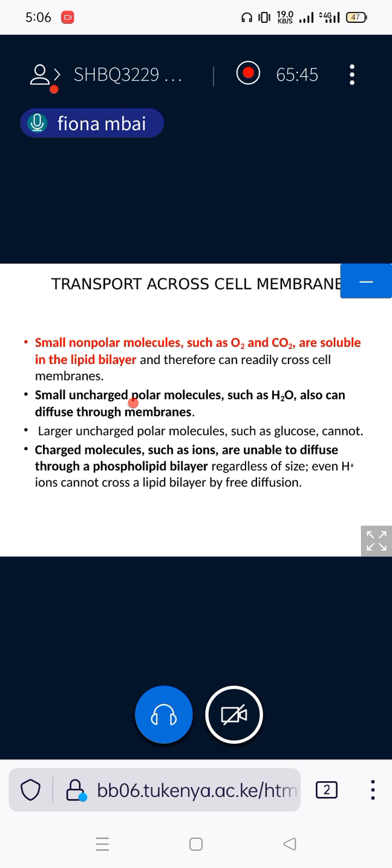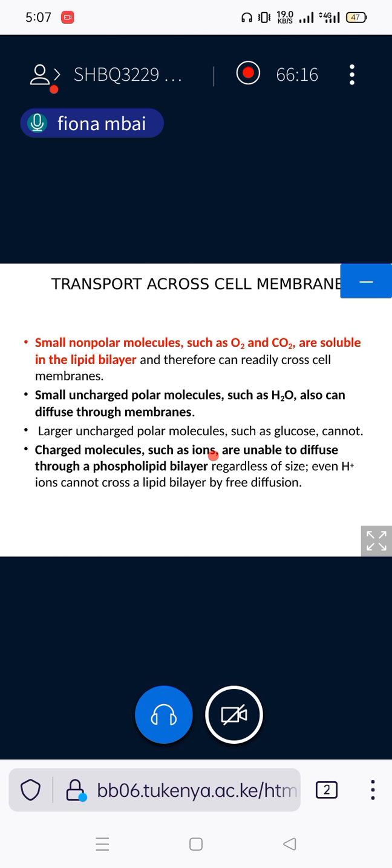Small molecules such as water can too, but large uncharged polar molecules such as glucose cannot. So glucose cannot move from inside the cell to outside or from outside to in. There has to be a transporter to move glucose. And we'll look into this in a little bit more detail.